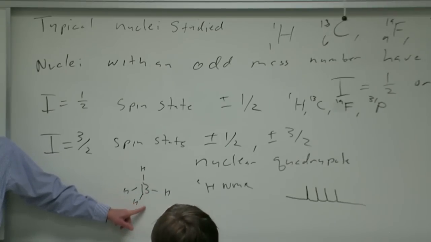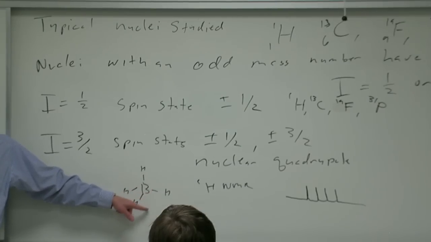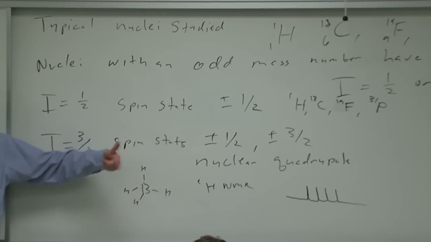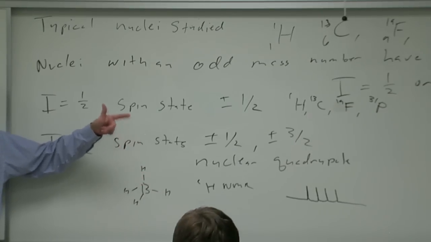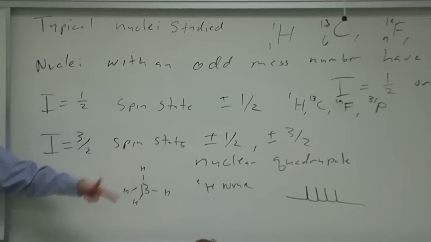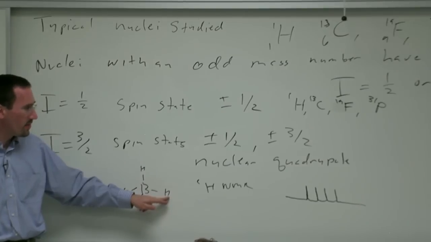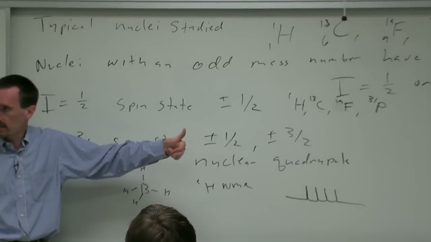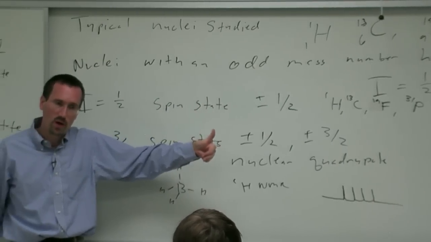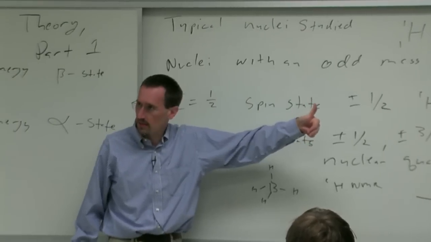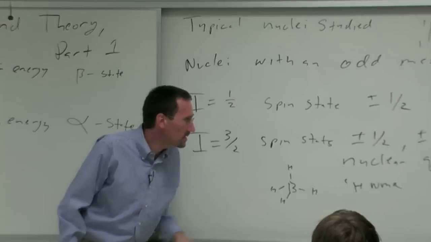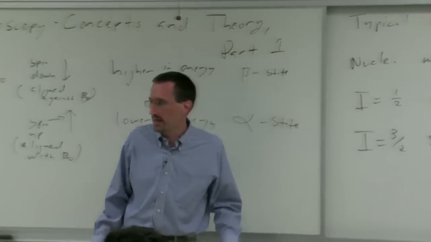And it's very unusual because normally we think about splitting into a doublet, or a 1 to 2 to 1 triplet, or a quartet, a 1 to 3 to 3 to 1 quartet. But what's happening here is the hydrogens see boron having a spin state of -3/2, or -1/2, or positive 1/2, or positive 3/2. And so you see the 4 spin states, and that gives rise to 4 lines.